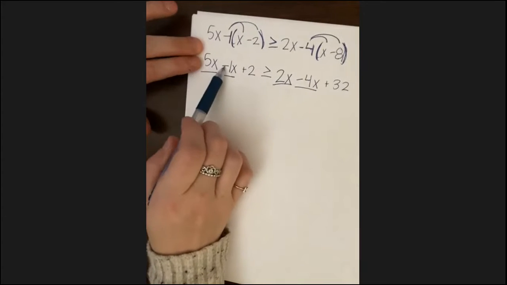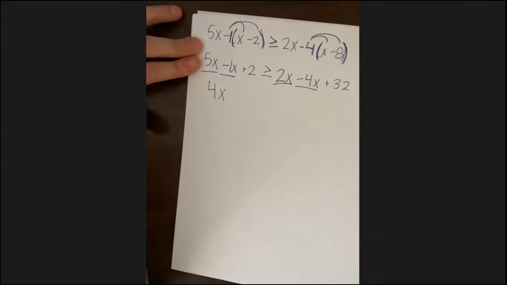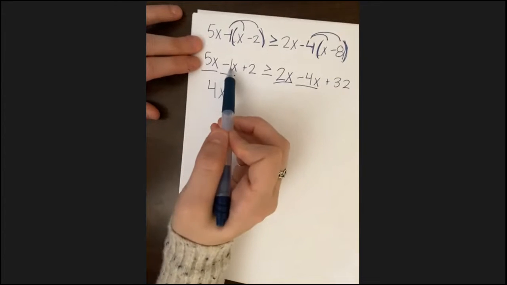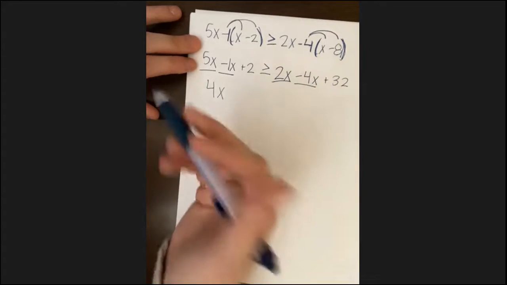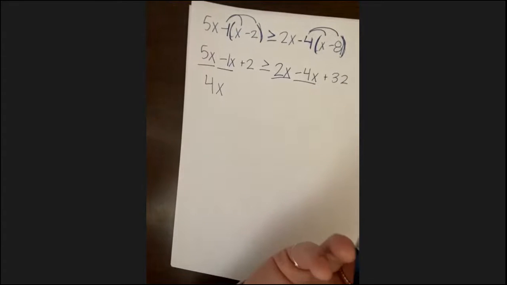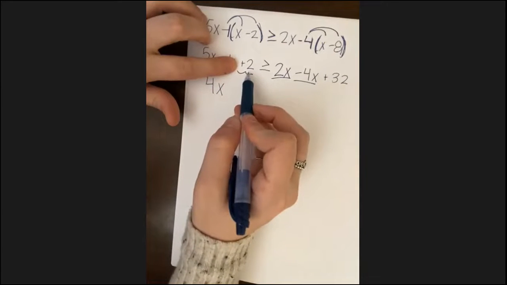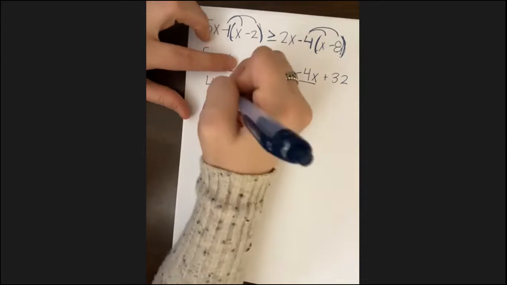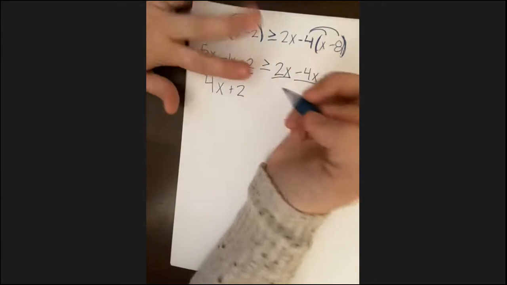What's 5 minus 1? 4x, right? I'm not including the x, just know that the x is with it. Sometimes it's easier to just look at the constants and then bring down the x with it instead of saying what's 5x minus 1x. There's no other kind of number on this side, right? There's not a +3 with it. So we can just bring the +2 down.